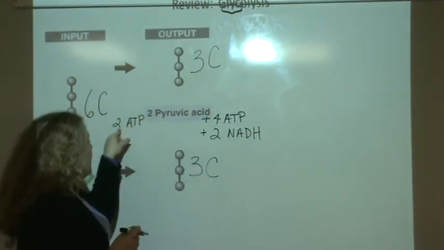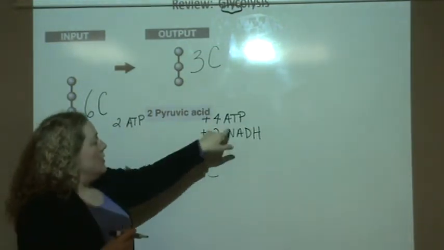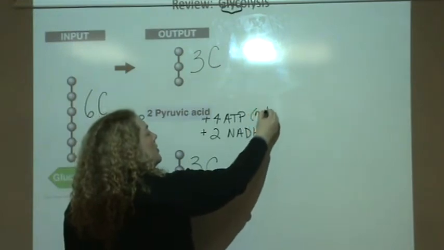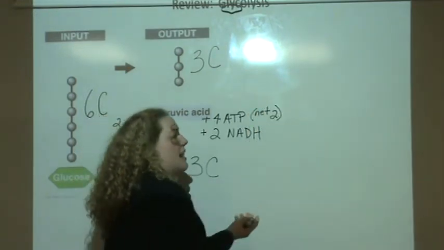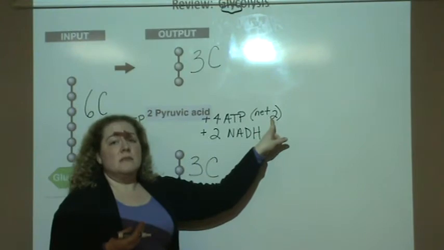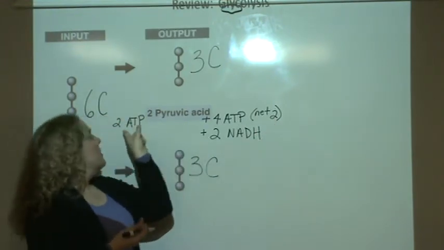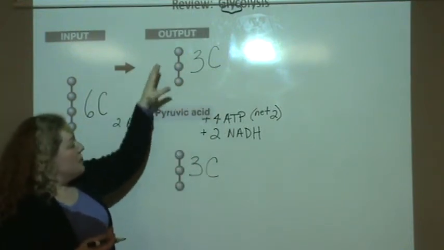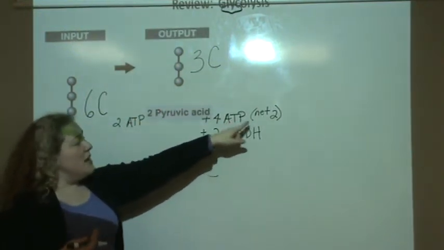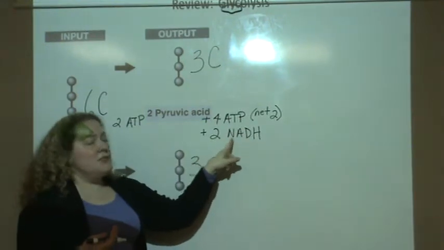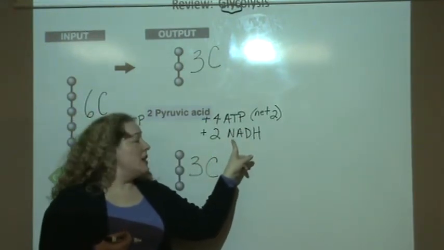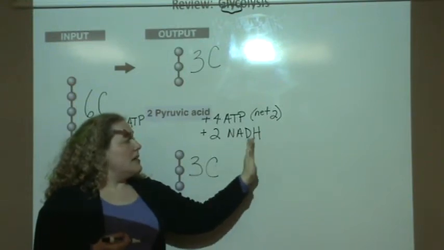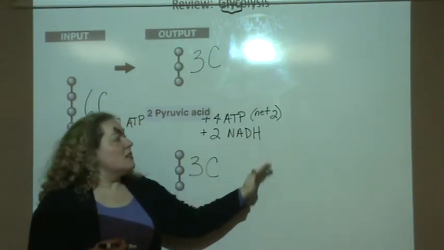So the cell had to put in 2 ATP. It gets out 4 ATP, but really it has a net gain of 2 ATP because it had to put in 2 to get 4. So glucose has been split in half. 2 ATPs have been produced. 2 NADH have been produced that are carrying energized electrons. And that was basically the end of glycolysis.